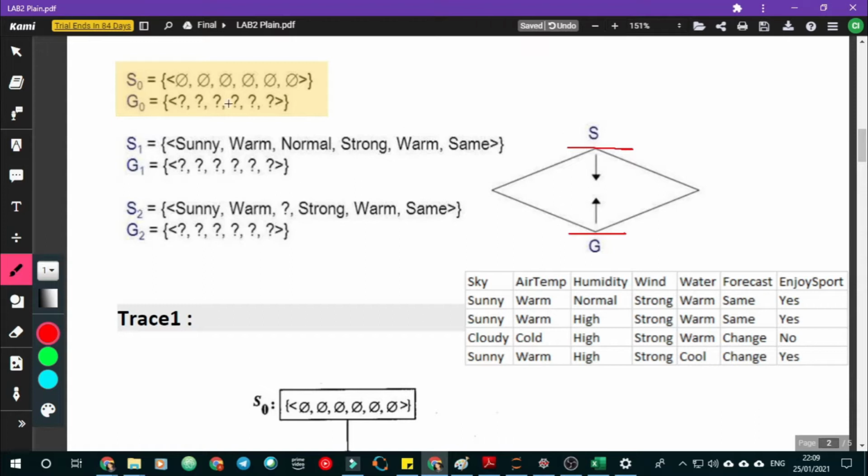We are initializing S0 to null. S0, the 0 meaning before reading any data sample from the data set. This is the initial specific and general boundaries.